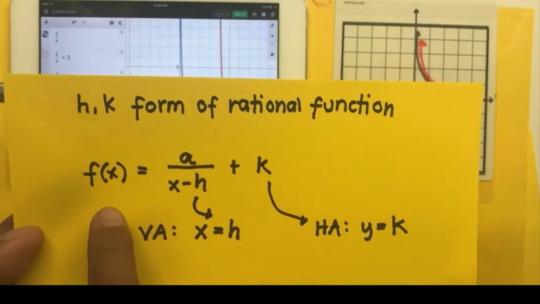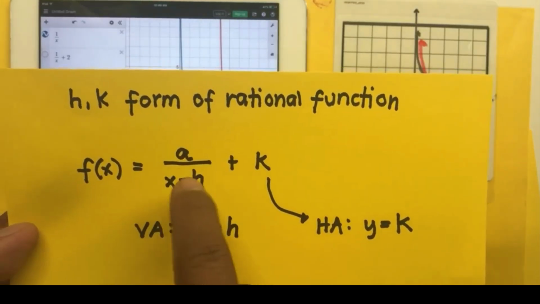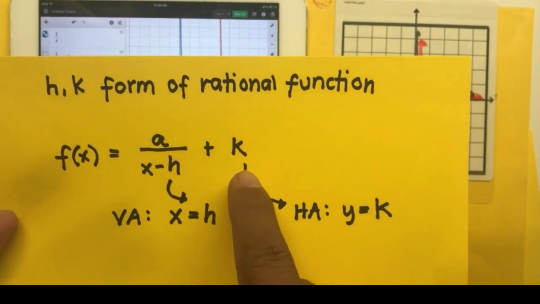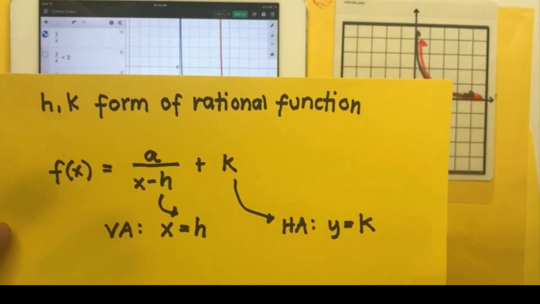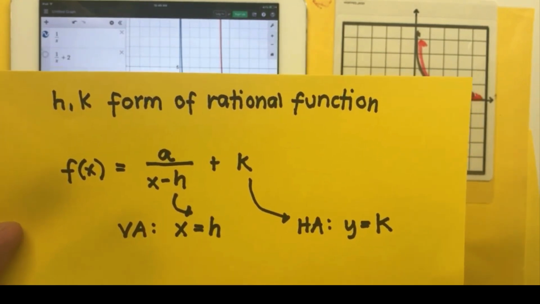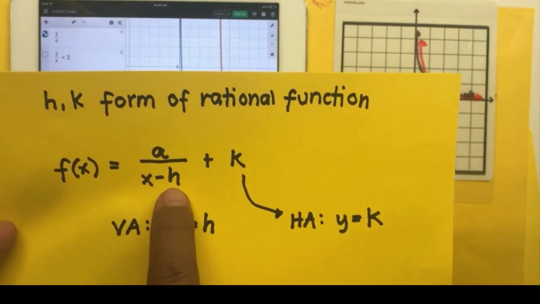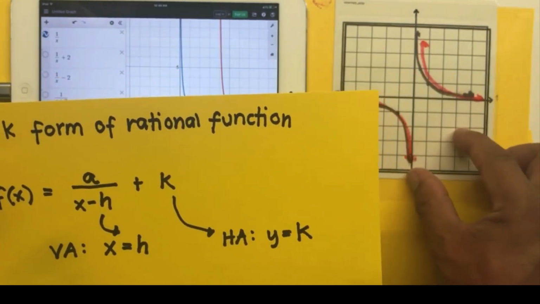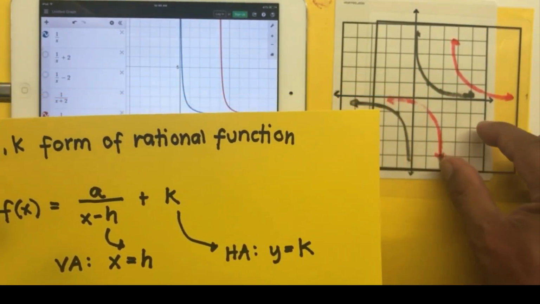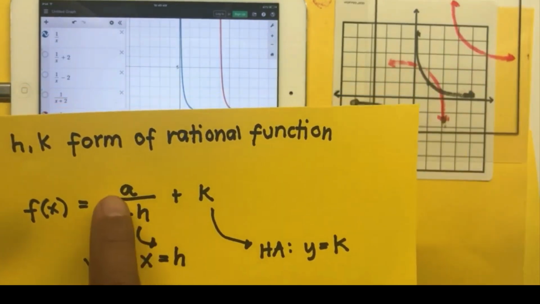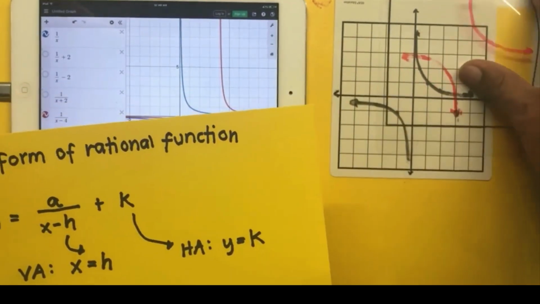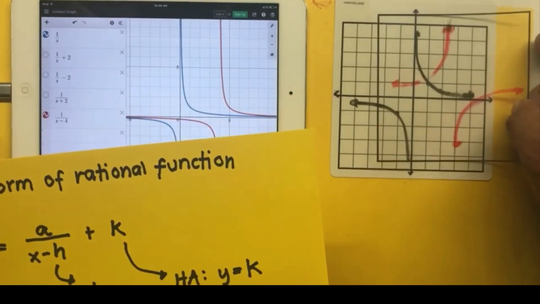And the graph of the function f of x equals a over x minus h plus k, where a, h, and k are constants, is just a transformation of the mother function f of x equals 1 over x. Specifically, this h says you are going to move h units to the right. This k says you are going to move k units up or down. And when there is a negative sign after a, you are going to flip over the graph.